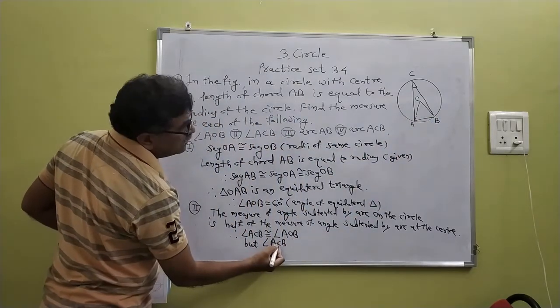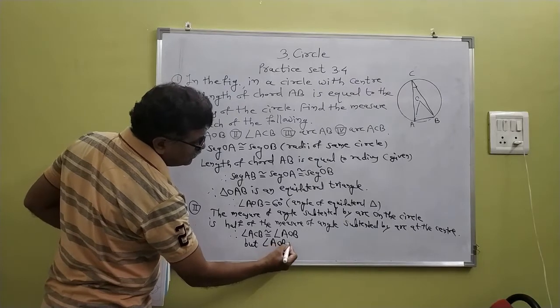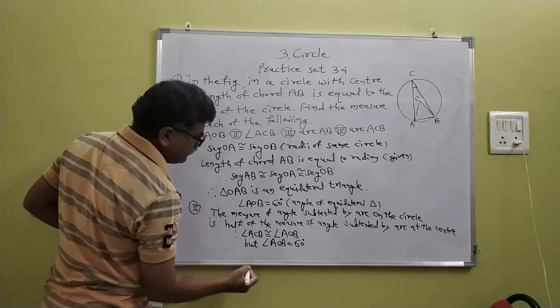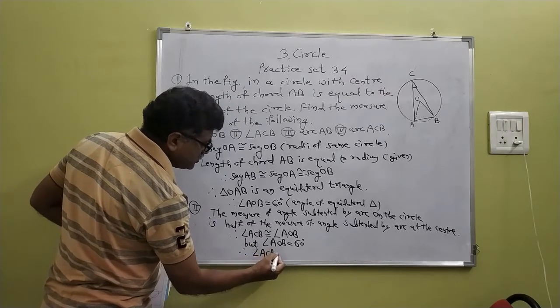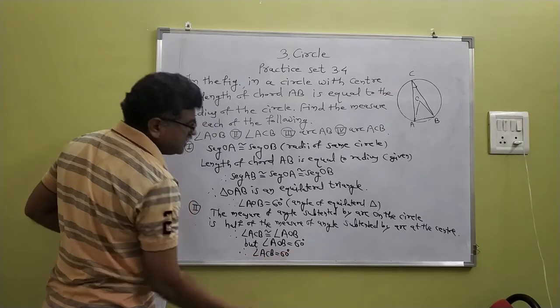But angle AOB is equal to 60 degrees. Therefore, angle ACB is equal to 60 degrees. This is second.